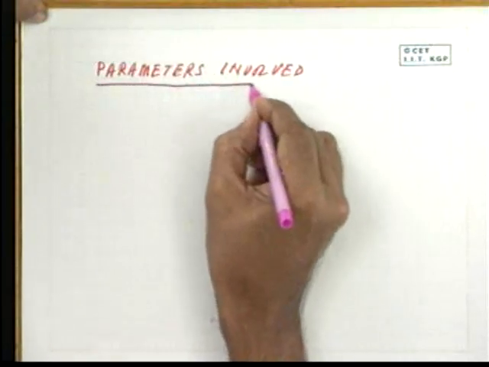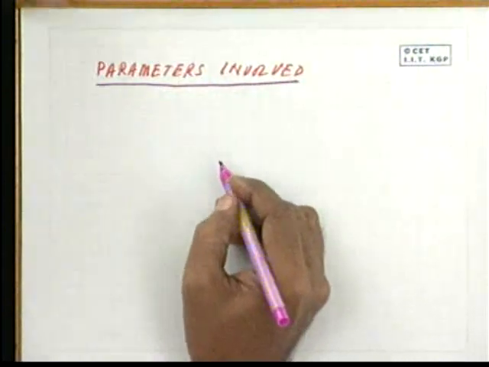In other words, how do we characterize a particular encoding scheme, whether it is good or bad? To do that, we must have some parameters with the help of which we can characterize that, okay, this is good, the other one is bad, or this particular property is good for this encoding scheme, this particular property is bad for the other scheme, and so on. So let us see what are the various properties or parameters involved in this context.